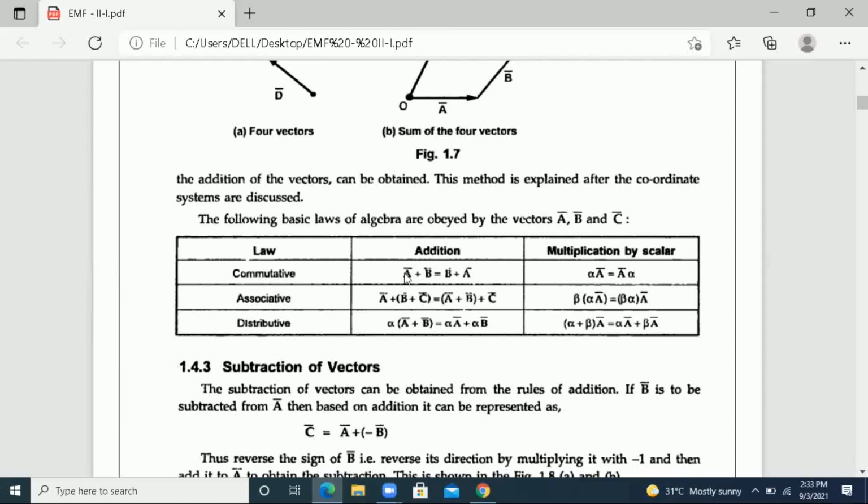Again, the commutative: vector A plus vector B is equal to vector B plus vector A. Vector A plus vector B plus vector C is the same thing as vector A plus B plus vector C. We call this the associative law.